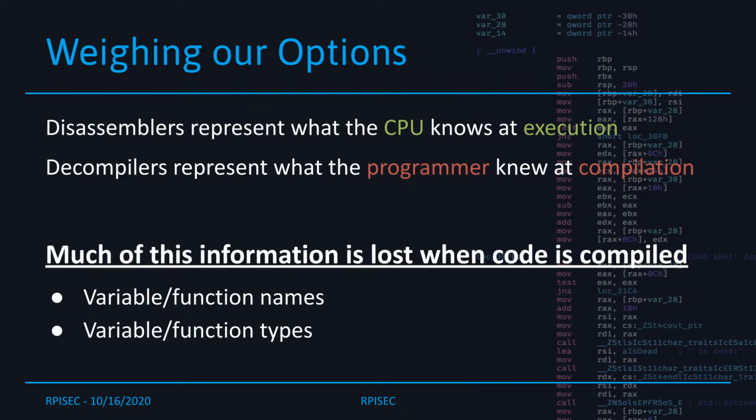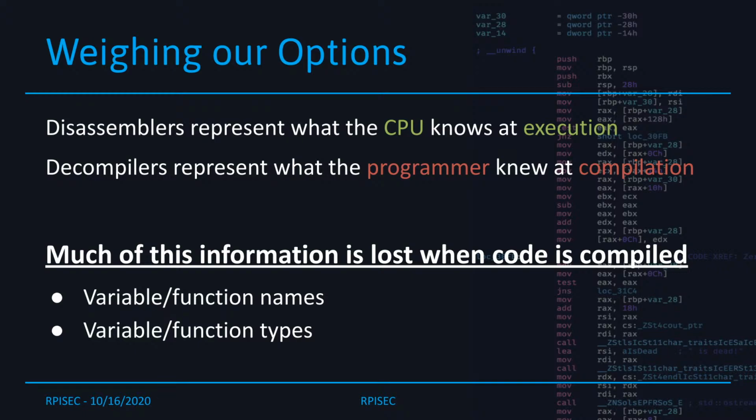And the reason for that is because a disassembler is a very close mapping to what the CPU sees. So a disassembler is effectively just representing what the CPU knows about a program, whereas a decompiler is trying to represent what the programmer knew when they had this source code and they compiled it. And that's really, really difficult because a lot of information is lost when that code is compiled.